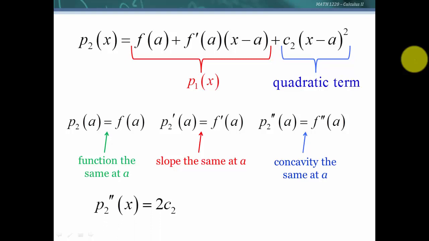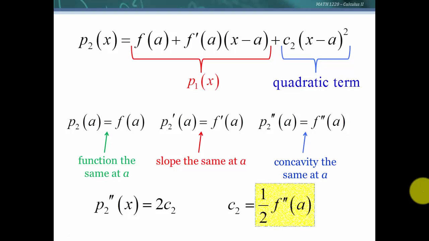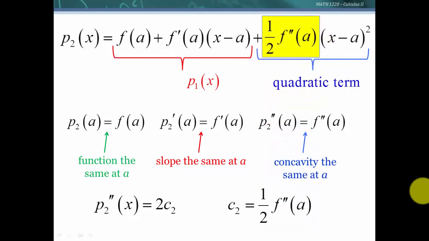We want that to equal the second derivative of the function at a, so we could put that equal and solve for our c2 and find that our c2 would need to equal 1/2 times the second derivative of the function at a, so that these conditions were true. So let's take that and put that in up here for our c2, and we see that our polynomial of degree 2 would look like this.